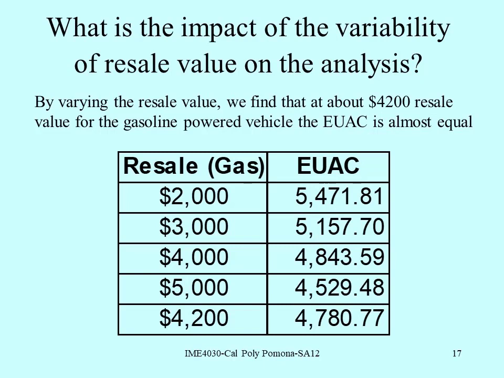And so you can ask yourself if that $1,200 difference in what you estimated originally and what would make them equal, what's the likelihood of that happening? And then you can get an idea of how hard or soft your decision is. So this is what sensitivity analysis is. It's varying your parameters, varying your estimates, and seeing what impact that has on your decision.